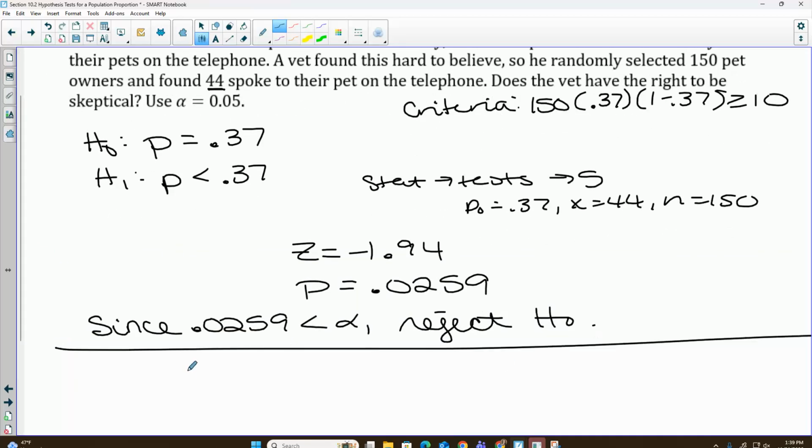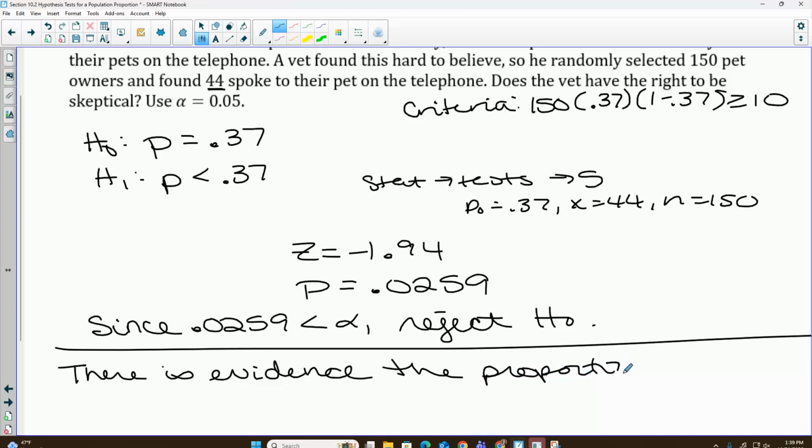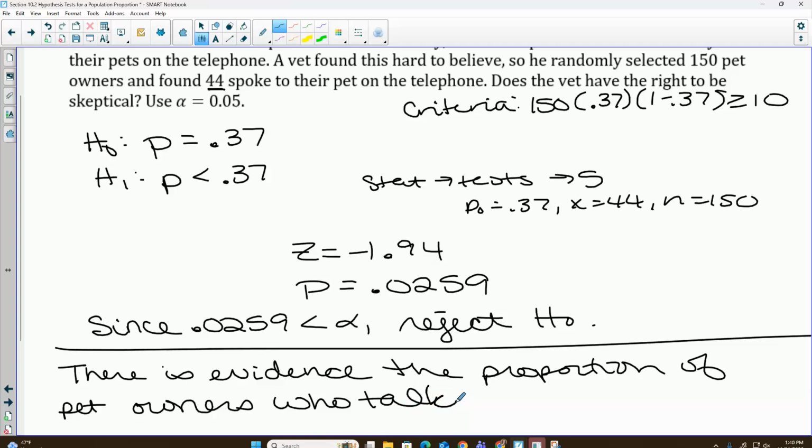If I ask you to explain, that means there is evidence the proportion of pet owners who talk to their pet on the phone is less than 0.37.